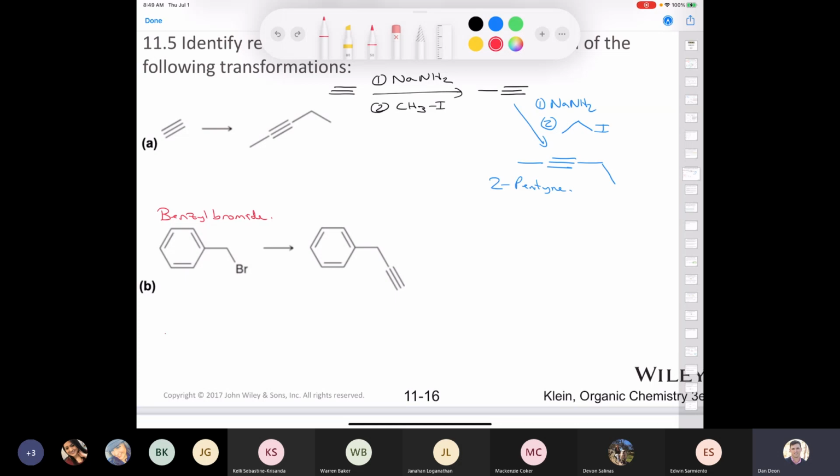So we would start with acetylene, and we would treat that with sodium amide. That would give us the acetylide ion, and then you would treat that with your benzyl bromide. So just this compound here, and that is going to give you the product. Okay, and we can shorten that to this.